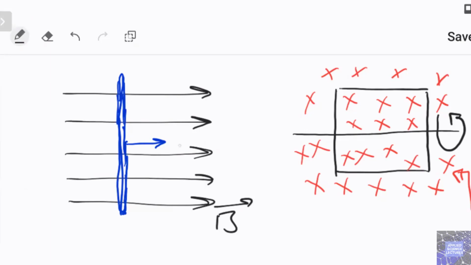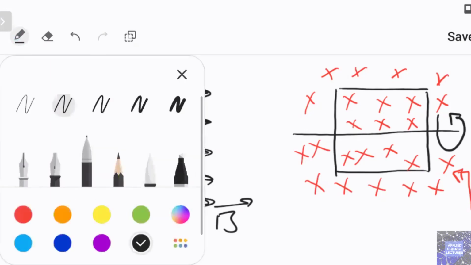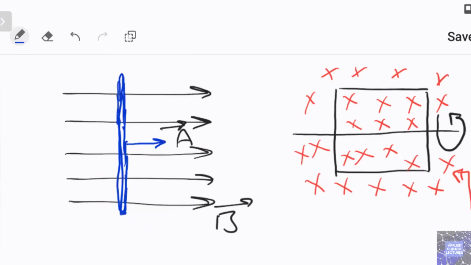This is the A vector. Now if this loop is going to rotate, then I will draw the new location in dashed line.